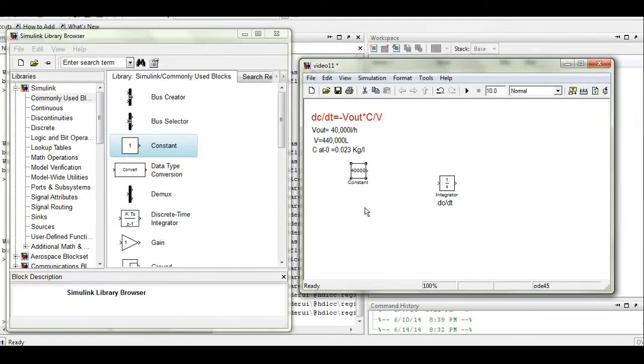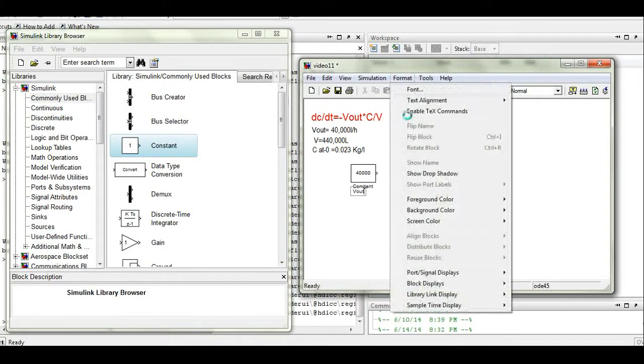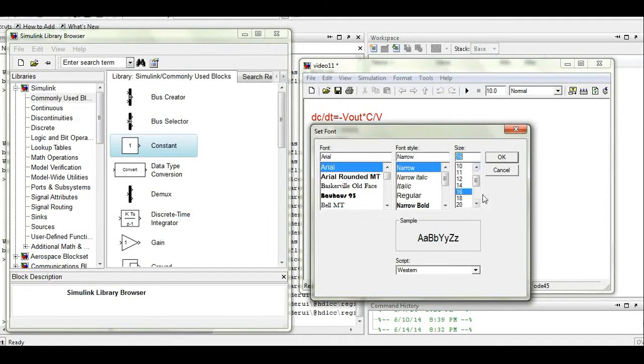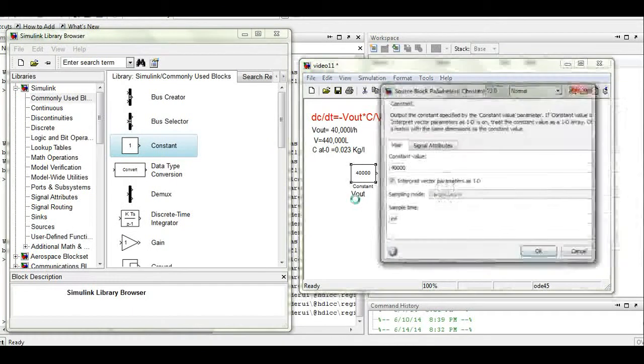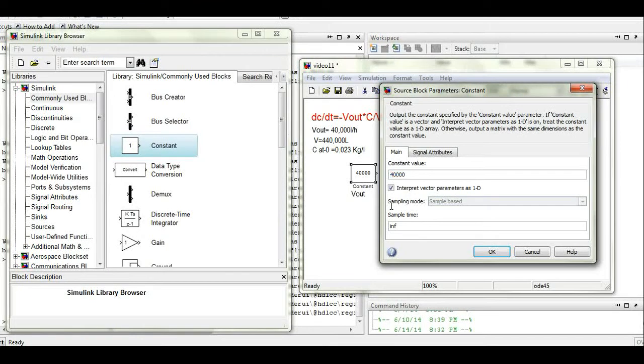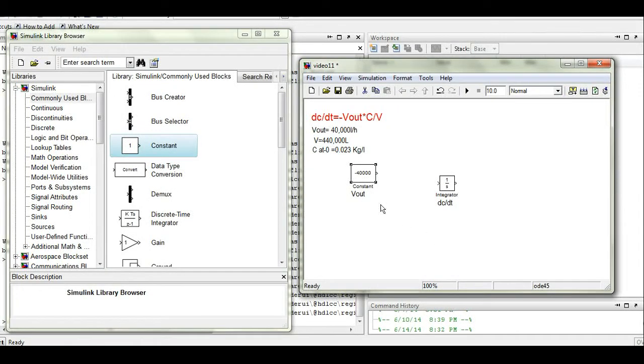You should make sure that the units are consistent. This is our V out. This V out is multiplied by minus. Either you put it here, which is good, it will accept it.